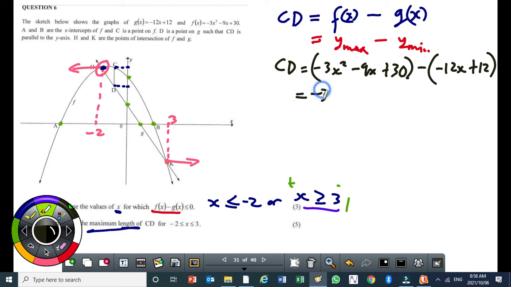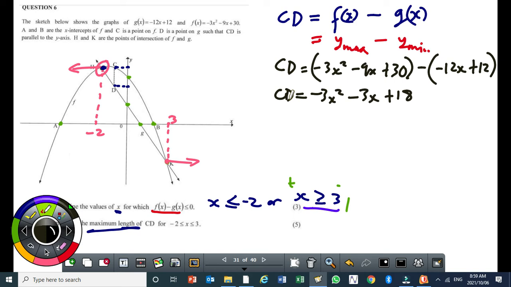It's going to be minus 3x squared minus 9x plus 12x. That will give me minus 3x. I'm just adding or subtracting the like terms. Then 30 minus 12, that will give me positive 18. So this expression here is the expression for the length CD.